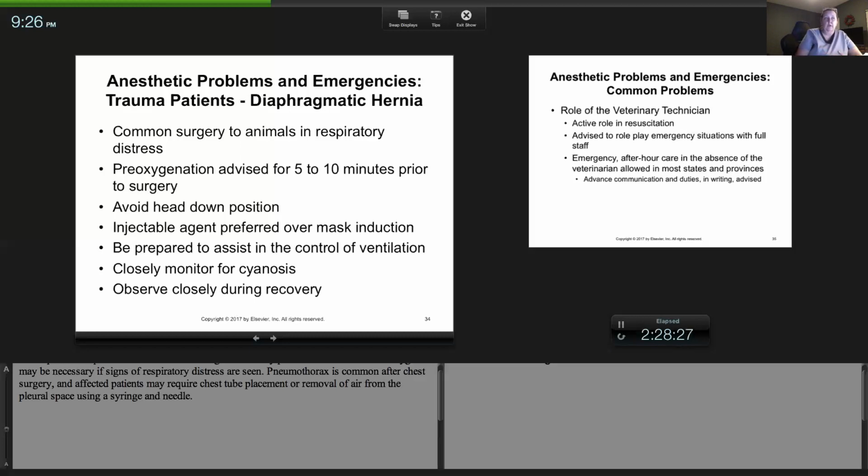And then watch them very close in recovery. I try not to get over detailed, but when the lungs have been compressed, and it depends, did this happen, was he hit by car 10 minutes ago, or was it yesterday?